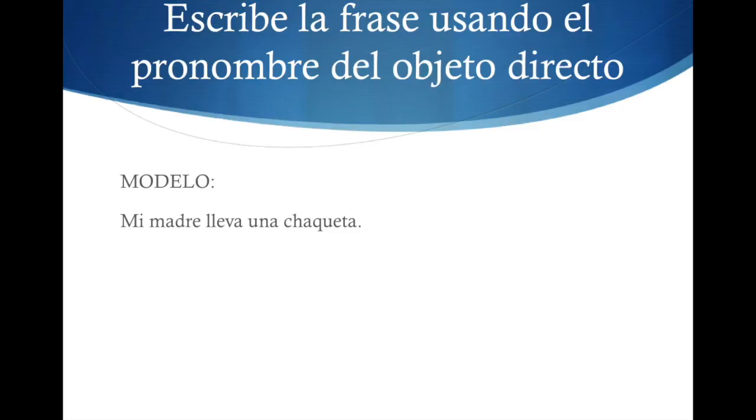Identify your verb, identify your subject, then look for your direct object. Think. What does my mother wear? Una chaqueta. So I rewrite the sentence, mi madre la lleva. La is the direct object pronoun, and I place it before the conjugated verb.